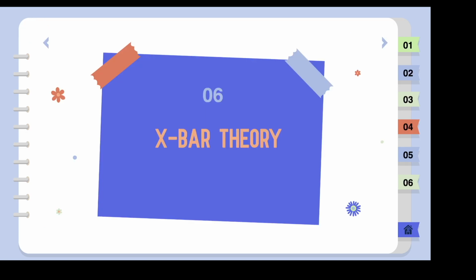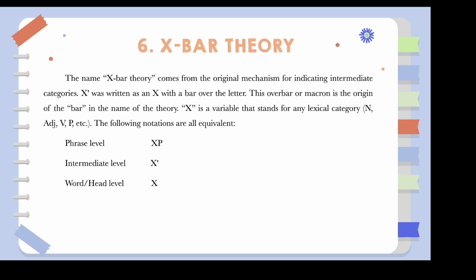Okay, so as I mentioned before, it is the X-bar theory. The name X-bar theory comes from the original mechanism that we use in mathematics. X can be substituted with any structure. If it is a noun phrase, it can be N-bar. X is just the variable that stands for any lexical category: noun, adjective, verb, or preposition.